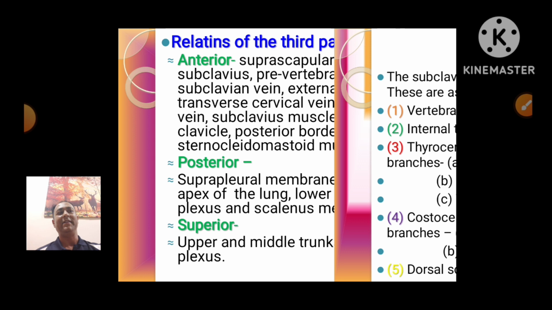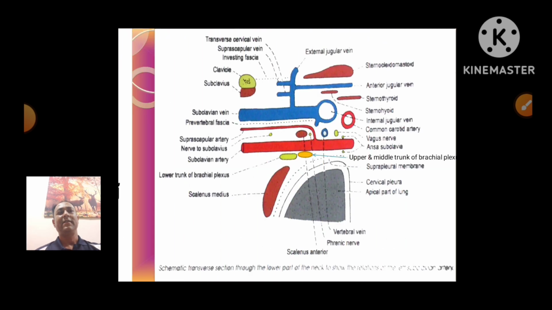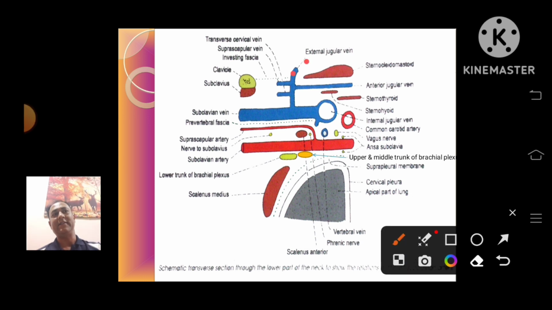All this will come in the third part. Here you can see this is external jugular vein, then transverse cervical, suprascapular, investing layer, clavicle, subclavius muscle, subclavian vein, prevertebral fascia, suprascapular artery, nerve to subclavius. Okay, so these are the structures situated anterior to it.